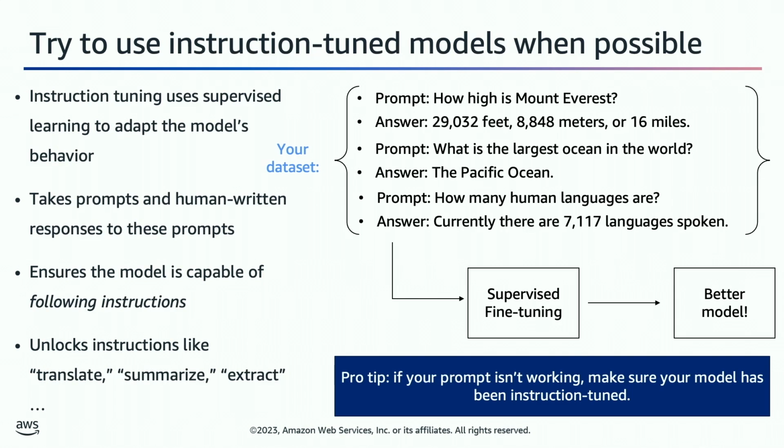So you take your labeled data set. When you're doing this, make sure you start with a model that hasn't already been instruction fine-tuned. You want to start with a base model and then perform your instruction fine-tuning on top of this. So that's helpful to do.